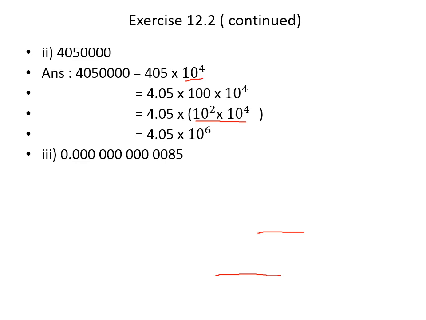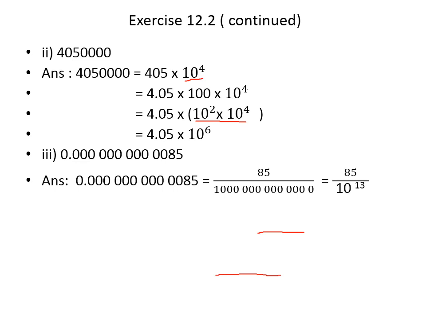So here again you can see a given decimal example, 0.00000000000085. This decimal we can write as a fraction as 85 divided by, there are 13 digits, so this can be written as 1 followed by 13 zeros.